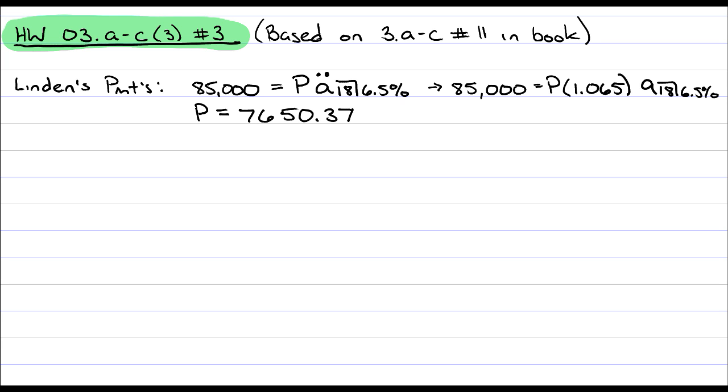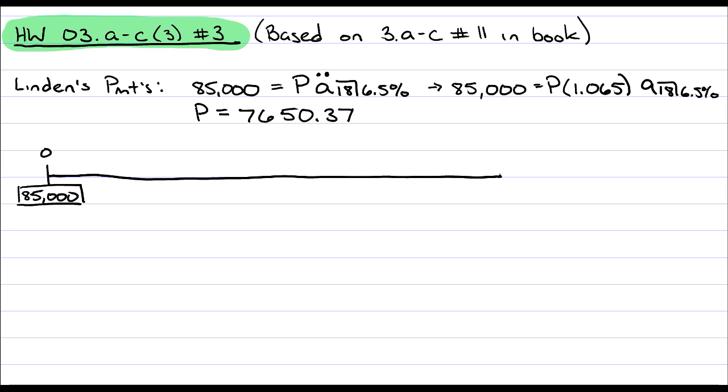Okay, so here's the really complicated part, and here's where we really need to draw a time diagram. So initially, at time 0, this insurance company is holding $85,000 of Lyndon's. So let me put that in present value.